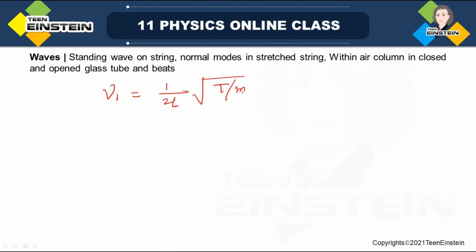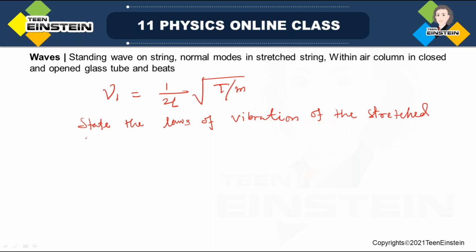There could be a question sometimes: state the laws of vibration of a straight string.